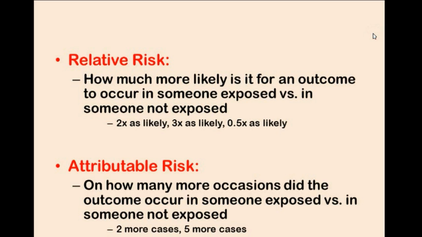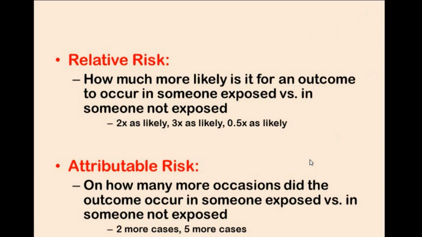And so in this case, our relative risk would be 7 times as likely. So if we compare the 70 and the 10, we can see that 70 is 7 times the 10. That means that in the group who were smokers, they were 7 times as likely to develop lung cancer when compared to the group who don't smoke.